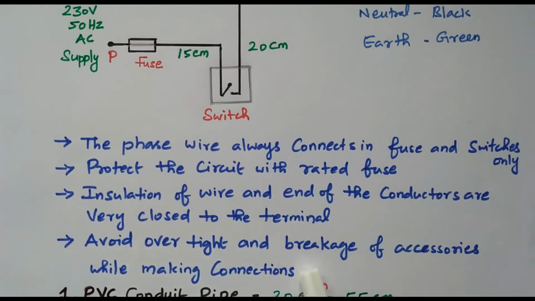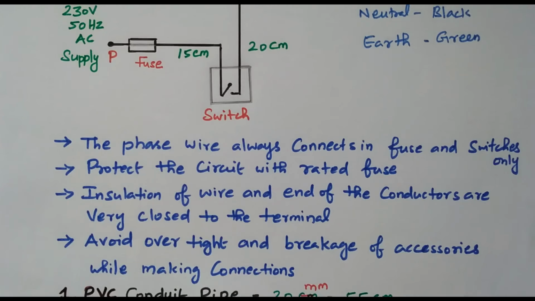Avoid over tightening and breakage of accessories while making the connection. While tightening, exactly the right amount of tightness should be given, not over tight or loosely tightened, so that we can avoid breaking of accessories while making the connection.